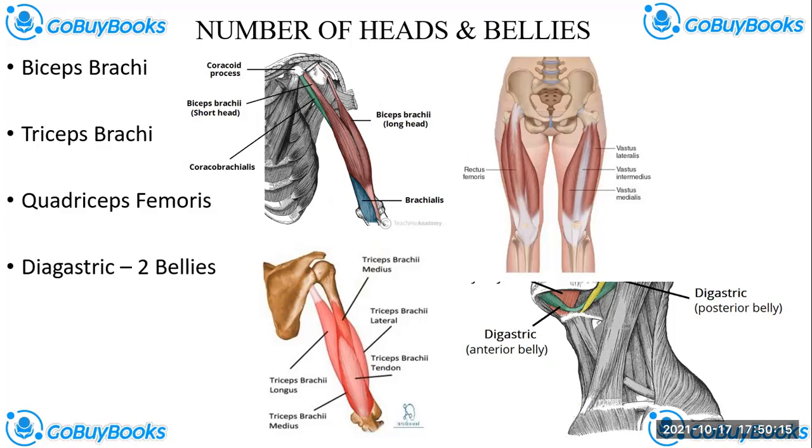Biceps brachii, if I translate it to literal English, let me break the words down. Biceps means two heads. Bi means two. Ceps is the Latin word for head. So they combined it: biceps, two heads. As you can see in this diagram, this is the biceps brachii. It has a long head and a short head.